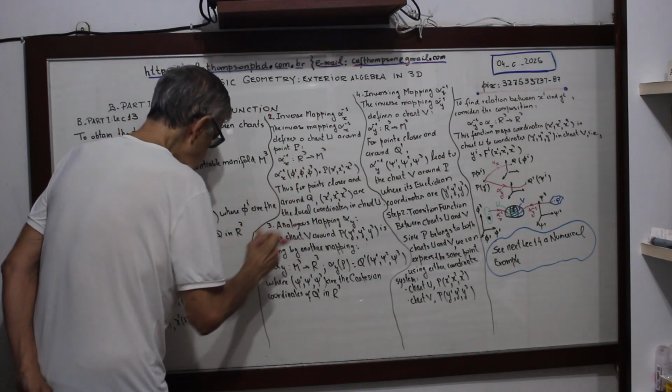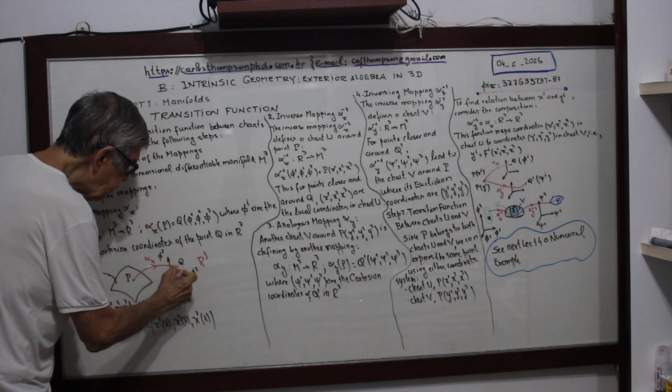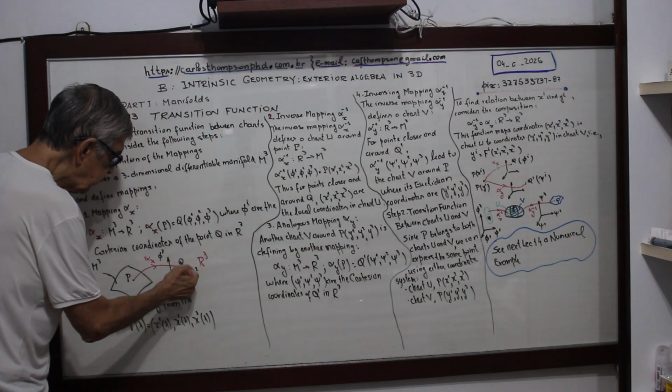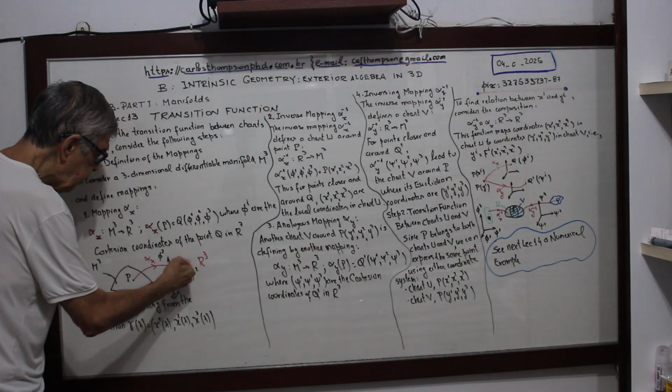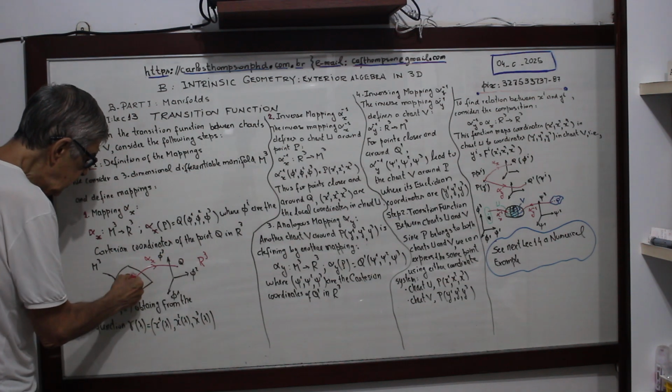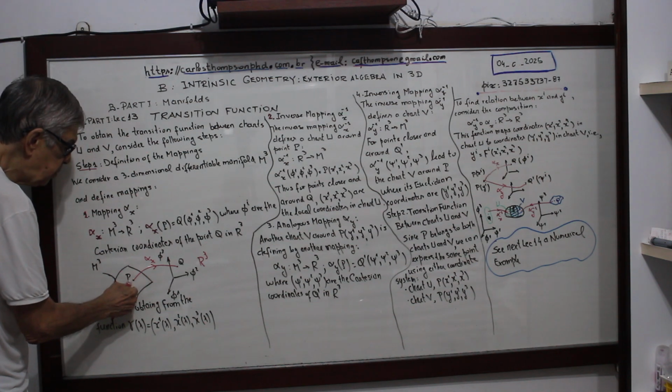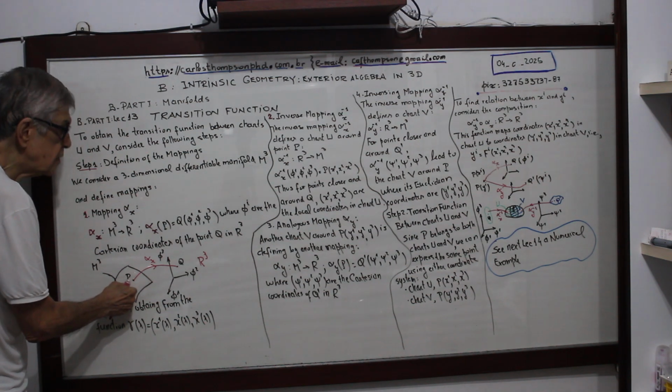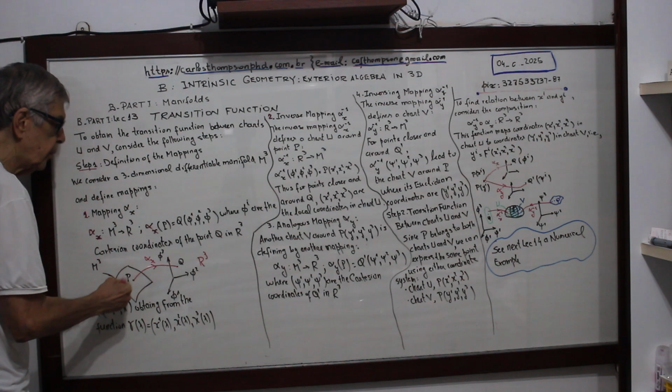You take a lot of points around Q, then you apply the inverse, and this is a region around P, which is the chart U.